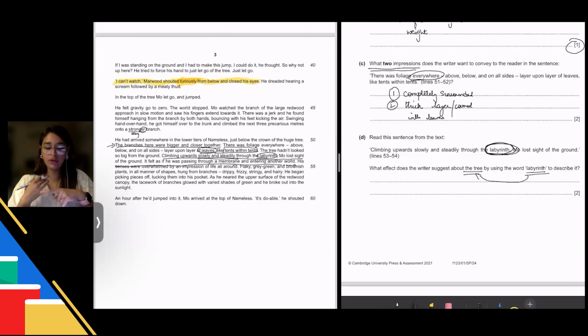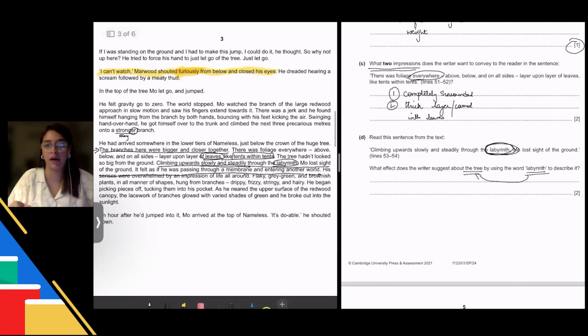Because if you look at the entire text, the way he's climbing these branches in this particular tree, you notice the details actually highlight this idea beforehand as well, talking about how he needs to think before he takes every step, because he needs to make sure that he picks the right path in order to climb up. So this again shows us that it's kind of like a puzzle that he is trying to solve.